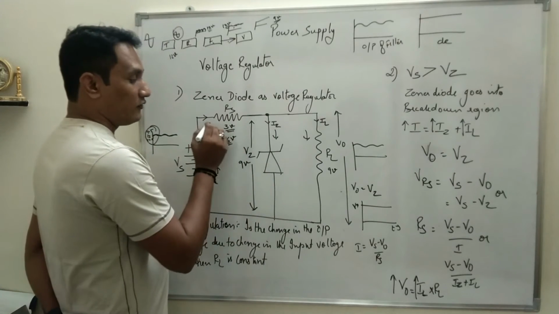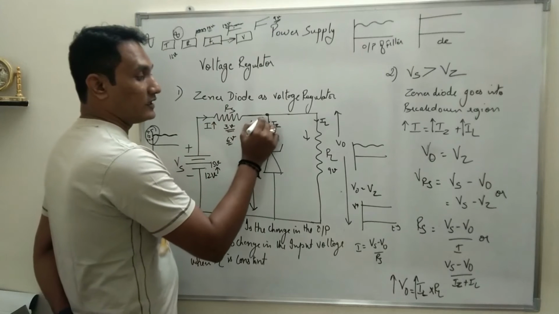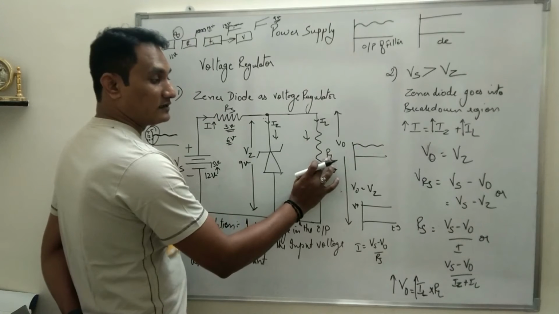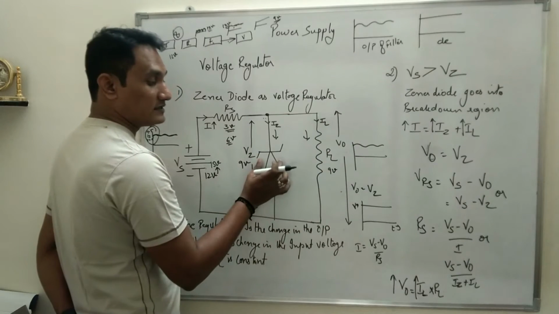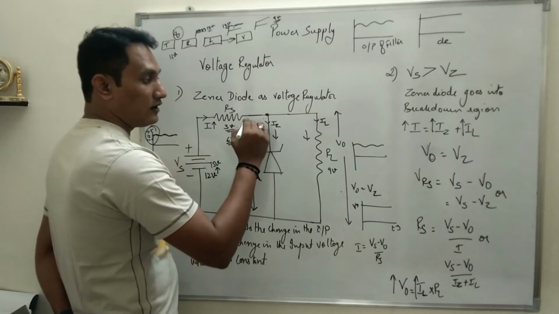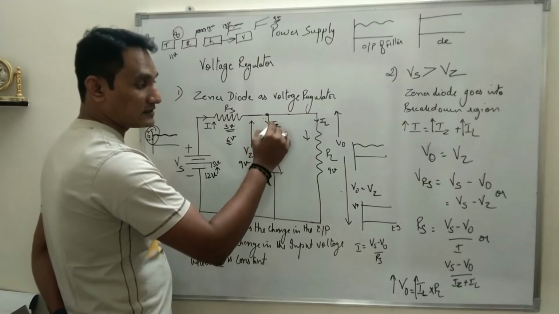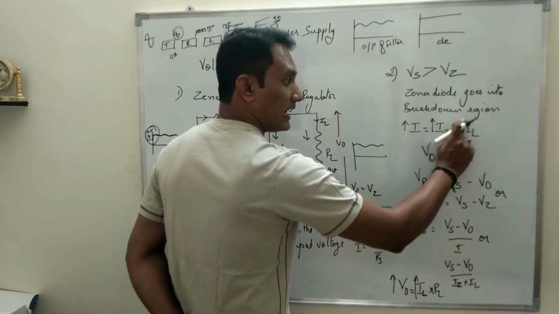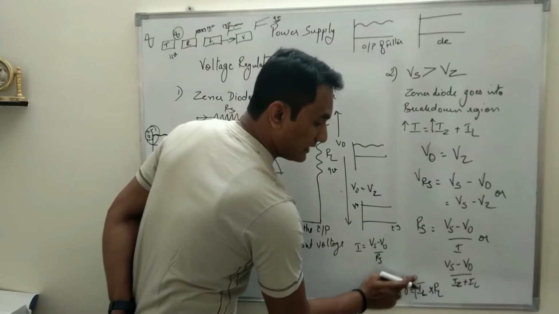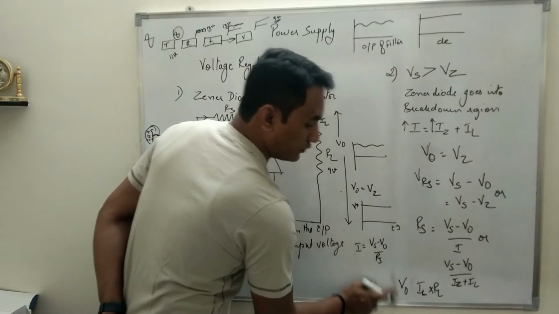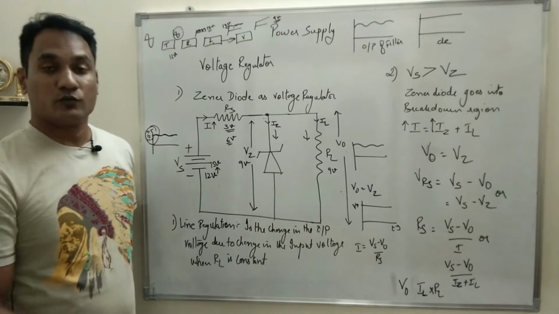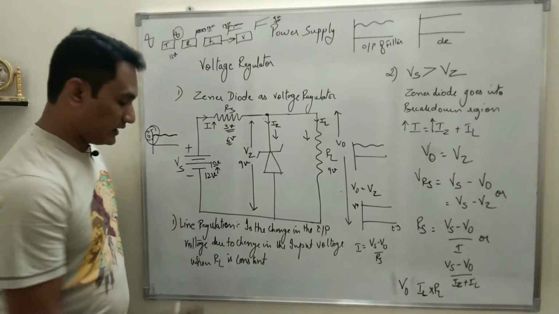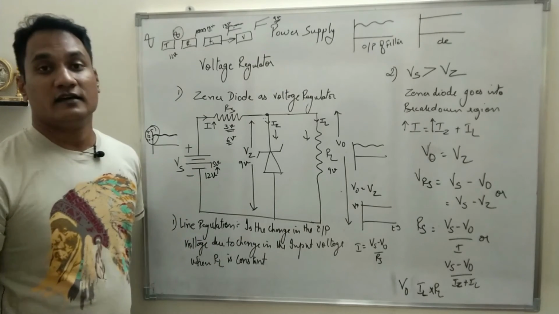That means of course current I will increase, this current will come up to this point, but between these two paths, the resistance in the RL path is constant and the resistance in the Zener path is decreased. So all the excess current will flow through the Zener diode. That means when I increases, Iz increases, but IL doesn't increase. And if IL is not increased, output voltage will remain constant. So output voltage remains constant irrespective of any change in the input voltage. Of course, that is called line regulation.